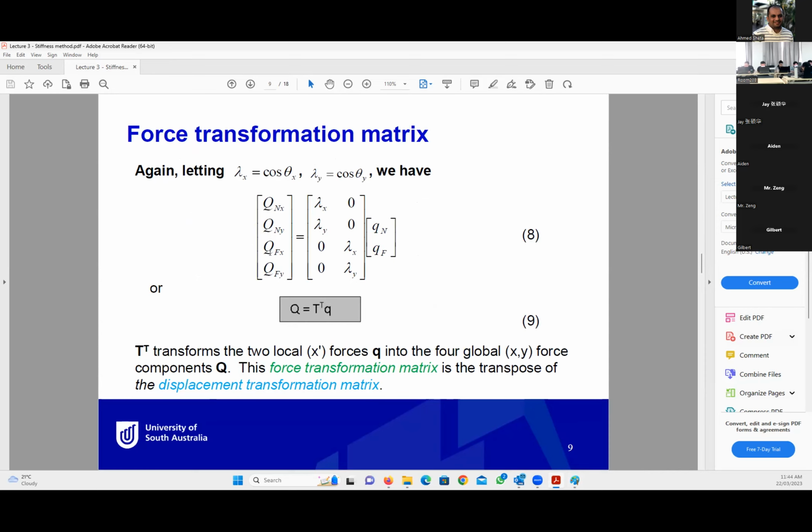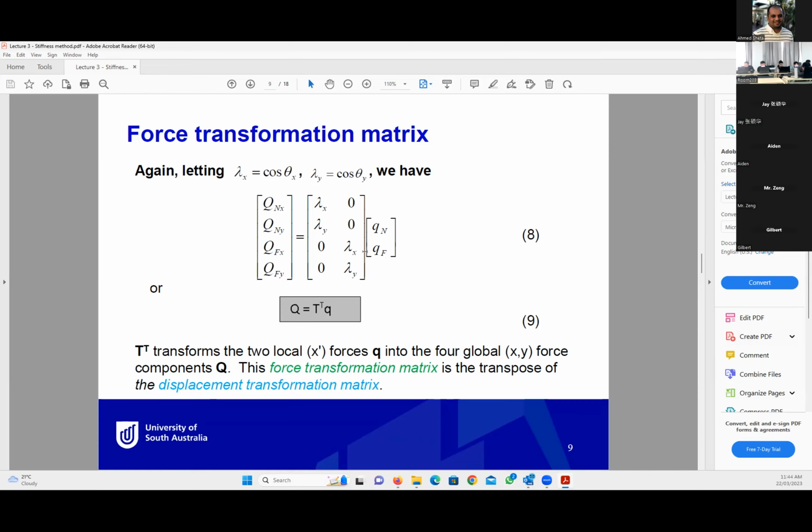What you can see on the left hand side of equation number 8: is it local or global forces? The difference is, in this equation we have the global forces on the left hand side.